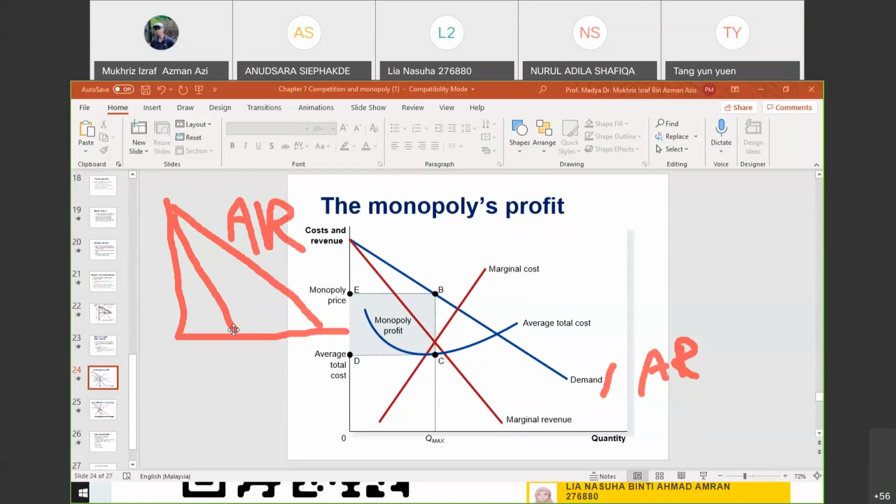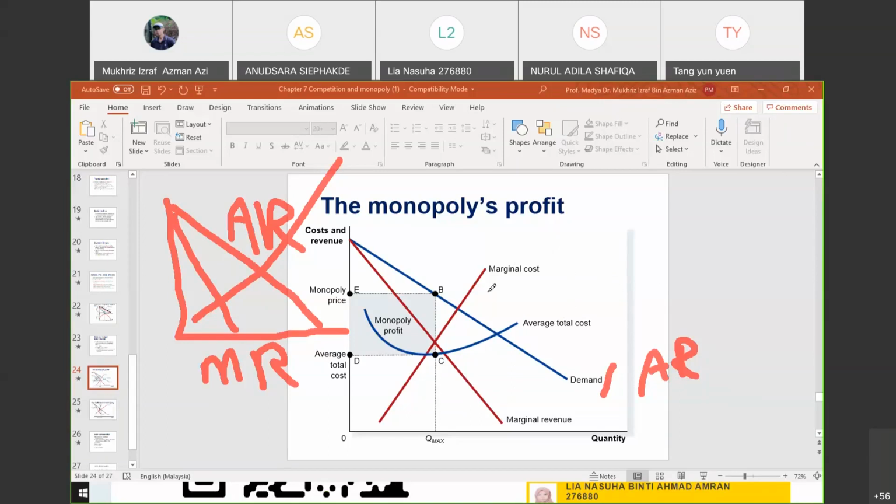The one below will be MR, and then you have the marginal cost. Automatically you see that AR and MR are not the same line, as compared to perfect competition. The demand curve or average revenue curve is not equal to the marginal revenue curve. In fact, AR is higher than marginal revenue, whereas in perfect competition, AR equals MR. So that is the first main difference.